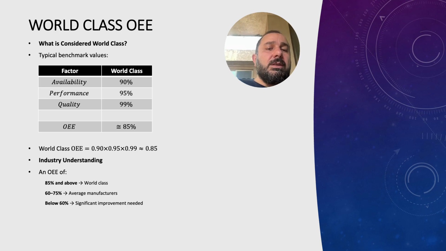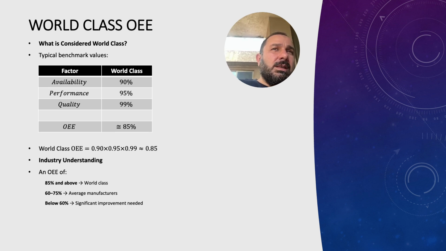So now coming to this slide, which I told you about: what is world class? People just ask who is now reaching the best. World class usually is defined according to the different factors of OEE: availability of 90%, performance of 95%, and quality of 99%. That is a world class company.